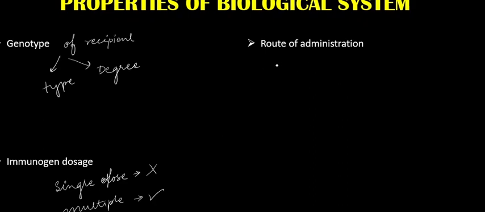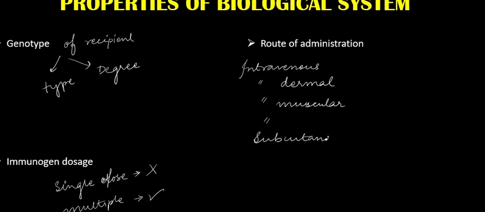The last one is the route of administration. There can be different ways of administration, like intravenous, intradermal, intramuscular, subcutaneous, and intraperitoneal. These are the ways: intravenous is into the veins, intradermal into the skin, intramuscular into the muscle, intraperitoneal into the peritoneal cavity, and subcutaneous is beneath the skin.